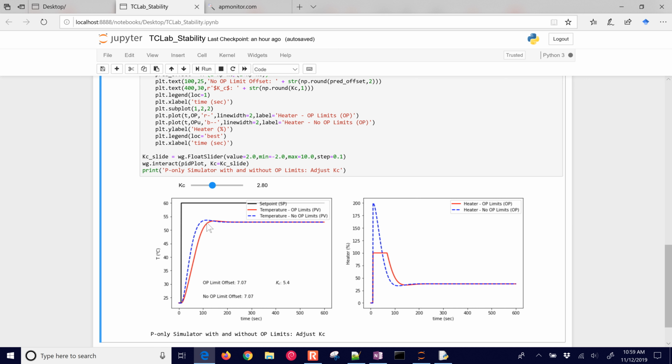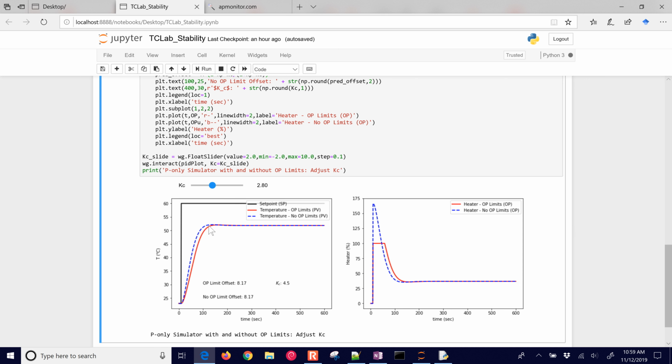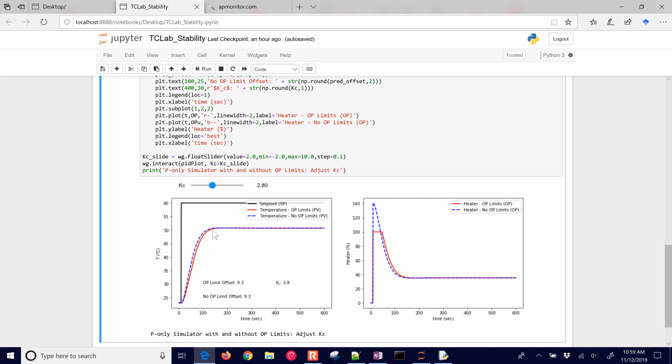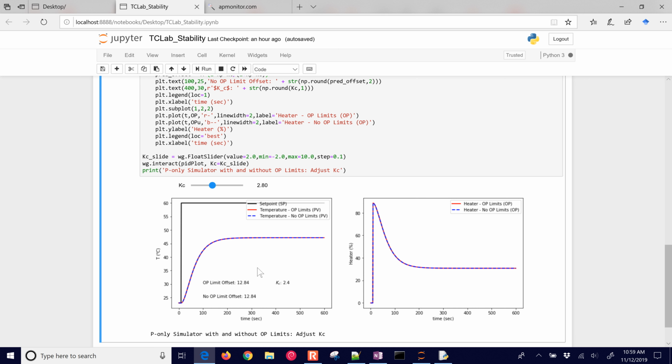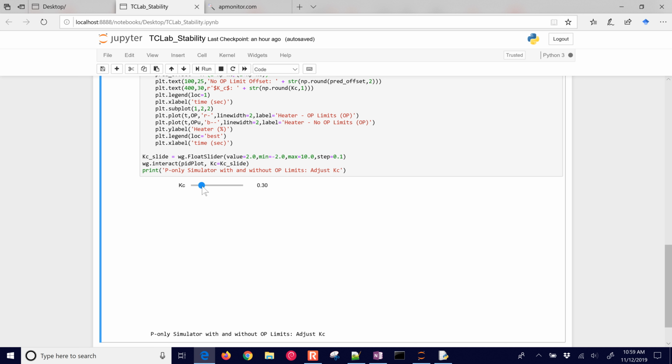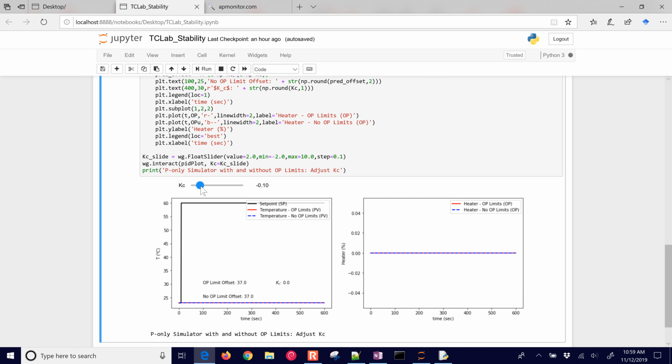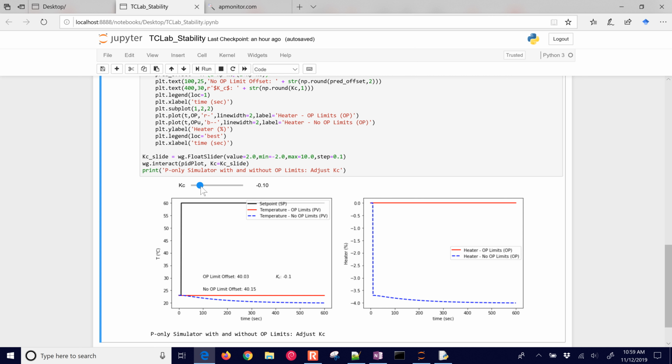You can see that overshoot's going to get less and less, and then right about this point, there is just a slight amount of oscillation, but it's hardly distinguishable. Then I'm going to go the opposite way. The controller gain is going down, and I'm going to cross into the negative.